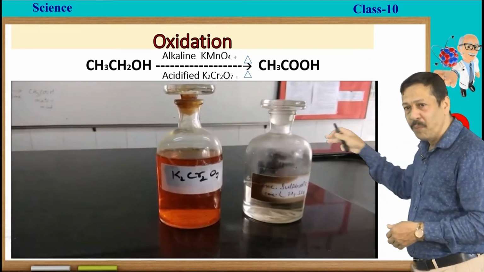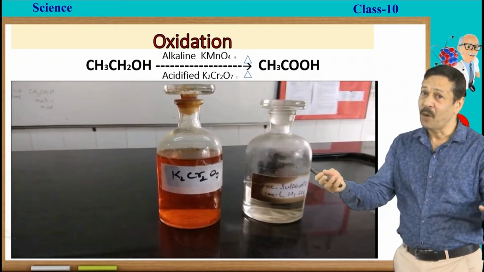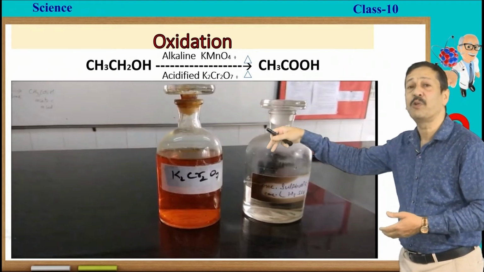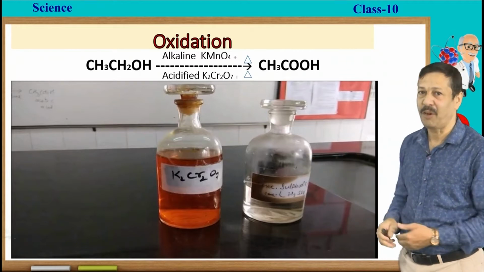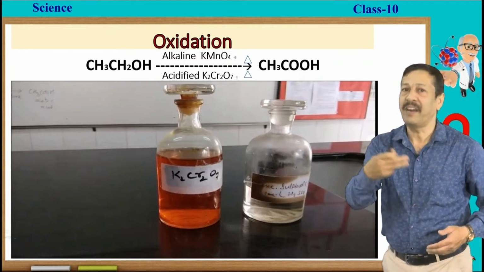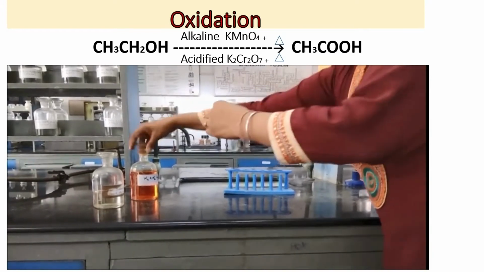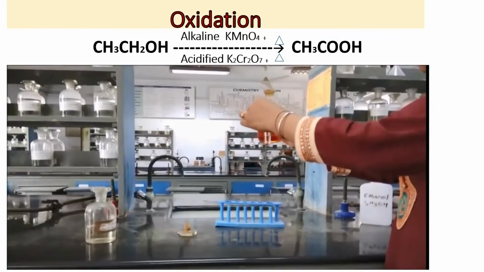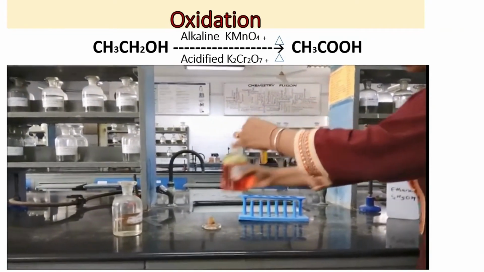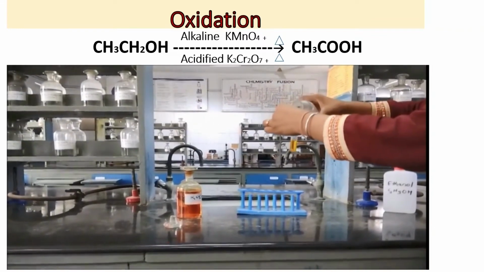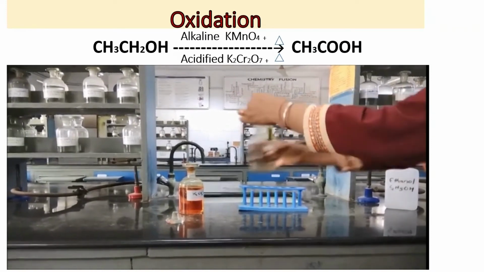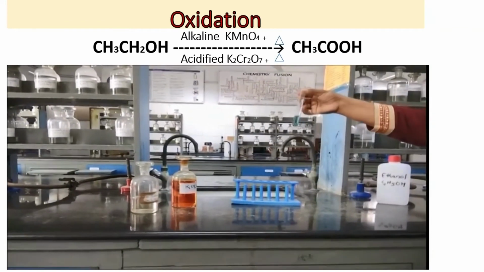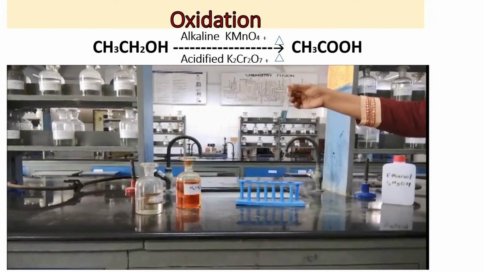Let us see one more experiment, that is what happens when K2Cr2O7 is added to ethanol. Shall we see? Right. Ethanol is taken in the test tube. Let us add potassium dichromate. Now let us add concentrated sulfuric acid. What is the color? The color changes into green.